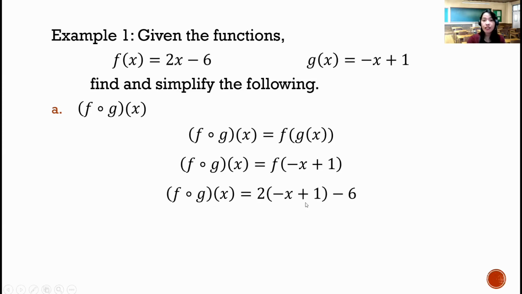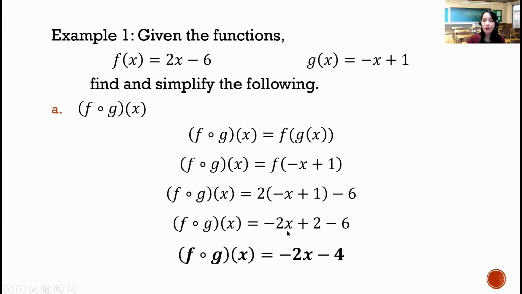So from here, you're going to simplify. That would be 2 times negative x, negative 2x, 2 times positive 1, that is positive 2, and then copy minus 6. Final answer, we have negative 2x, and then 2 minus 6, that is negative 4. So this is your final answer for example 1, letter A.